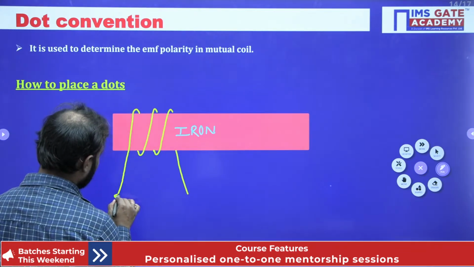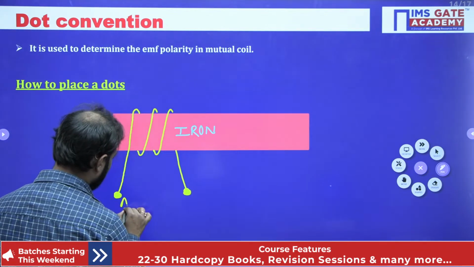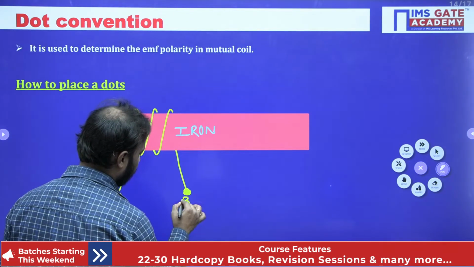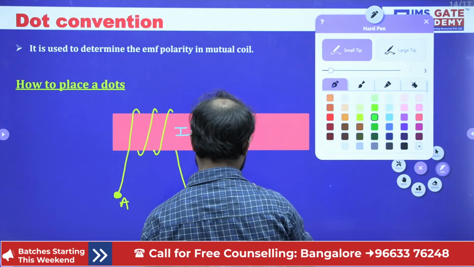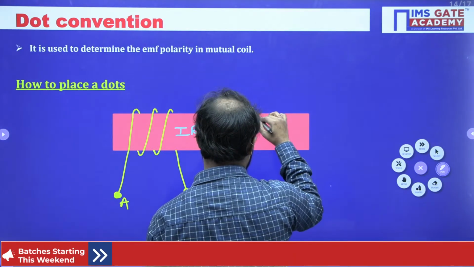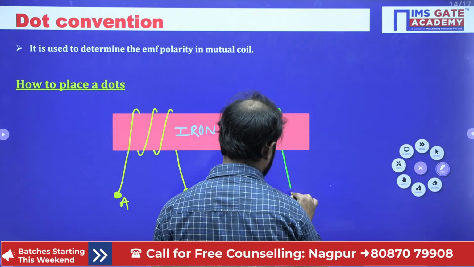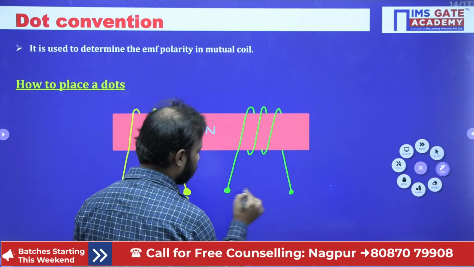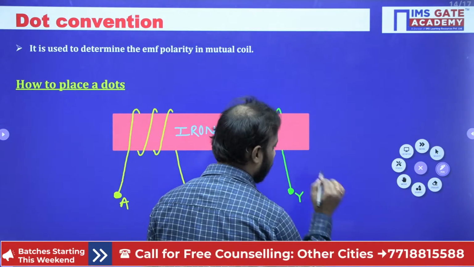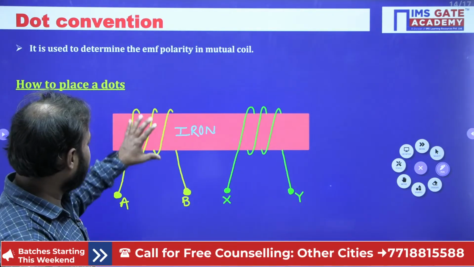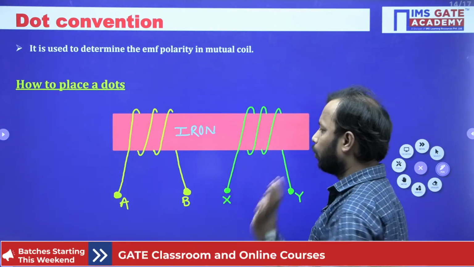This is one winding which has two terminals, named A and B. And we have another winding like this, which has terminals named X and Y. Now here, in the first winding, these two are not connected. Please make it clear, these two are not connected.